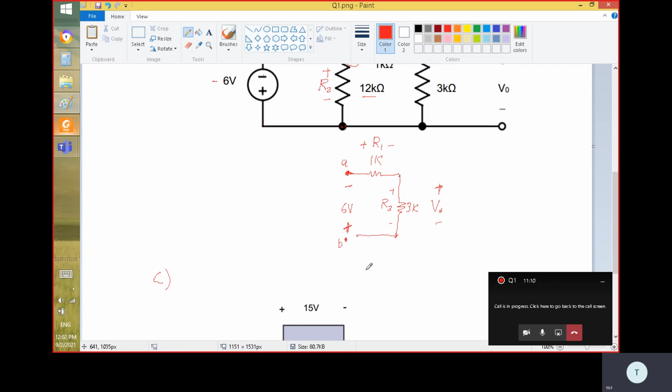We start from here, plus 6 volt, and we need to minus this voltage and minus this voltage, and then we get 0, right? This is KVL. Based on the KVL, plus 6 volt, I refer to here, need to minus this voltage here, minus VR1 and minus VR2, must be equal to 0.